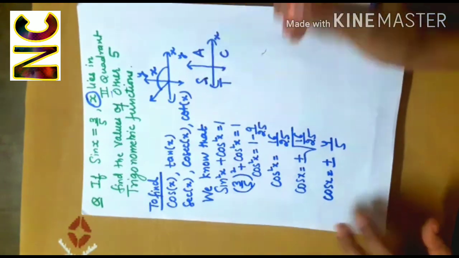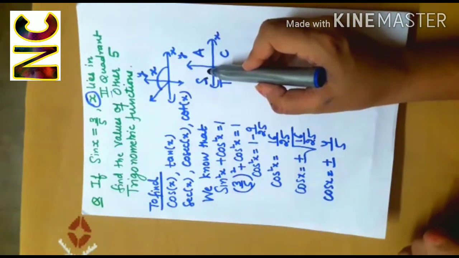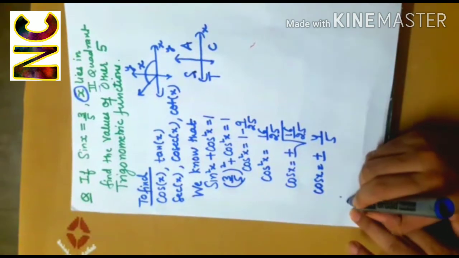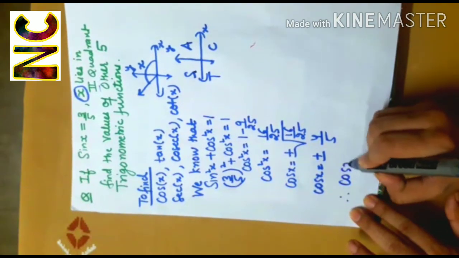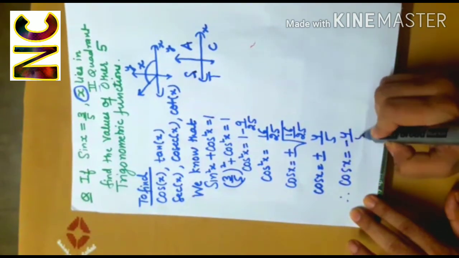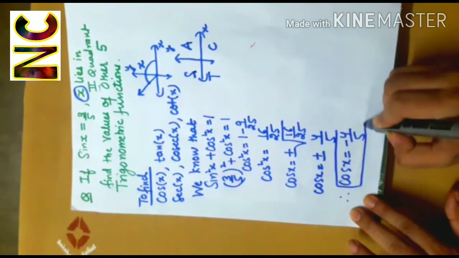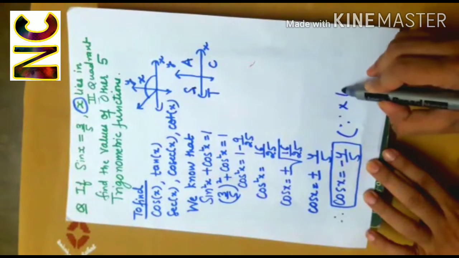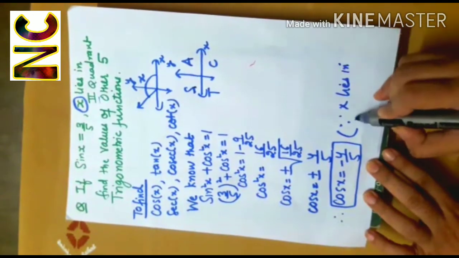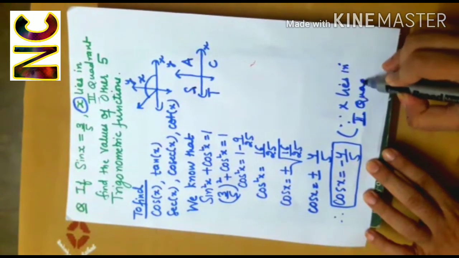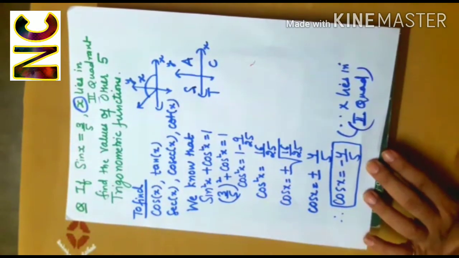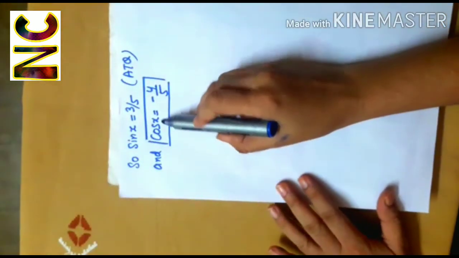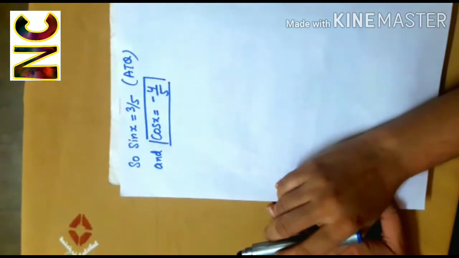That means if x lies in the second quadrant, then cos x has to be negative. So therefore, we take cos x equal to negative 4 by 5, because x lies in the second quadrant. So cos x is minus 4 by 5.